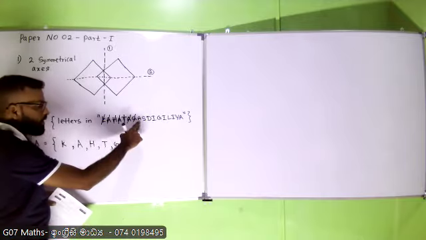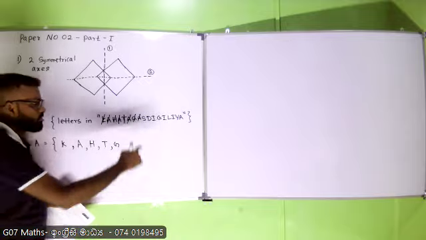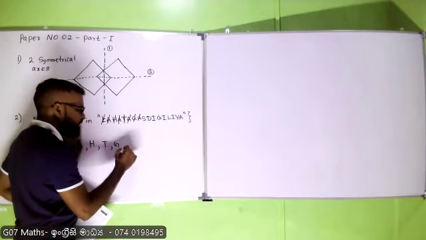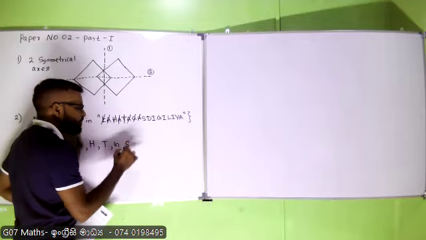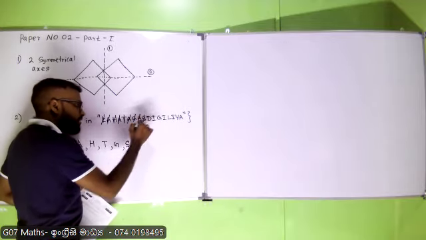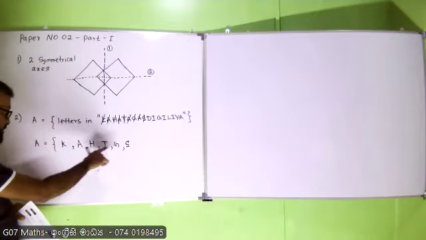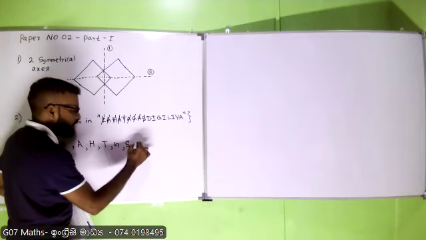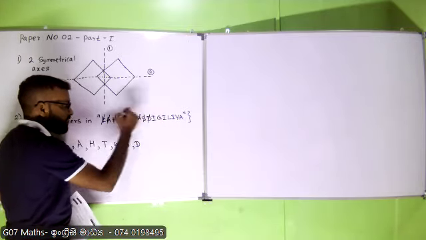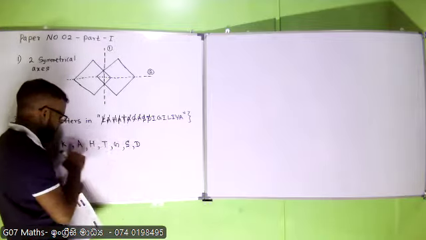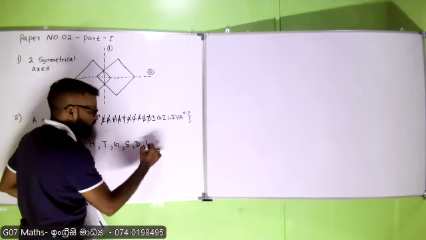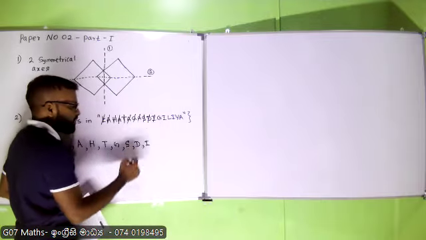Cancel out. A already we have, so we are not going to write it. Here we have S, and we have to write S, and that is a unique one. Here we have D. Any D's? No D, so we have to write it. Cancel out. I. No I's. We have to write it. Cancel out.